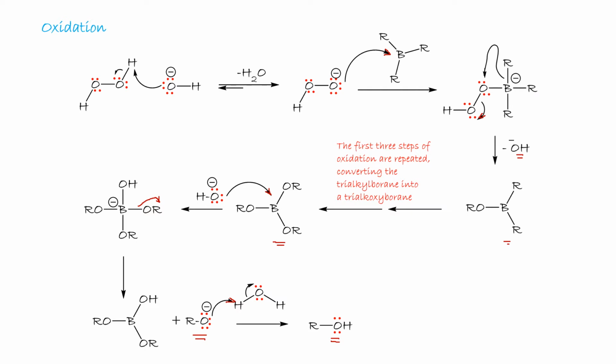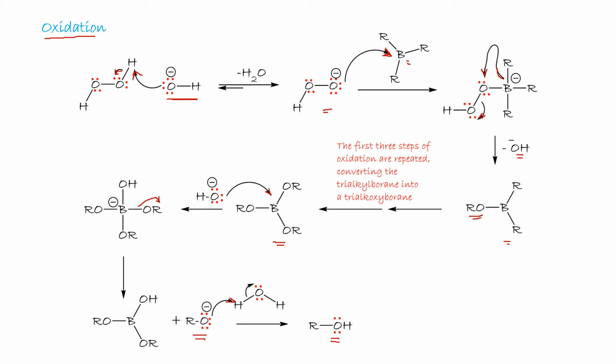In the second step, the oxidation step, the hydroxide ion acts as a base and abstracts hydrogen from hydrogen peroxide to form hydroperoxide ion. The hydroperoxide ion acts as a nucleophile and attacks the boron center of the trialkyl borane, followed by alkyl shift to form alkoxy borane.